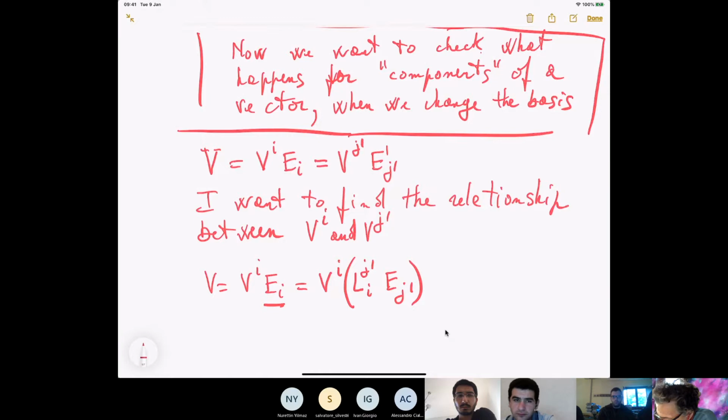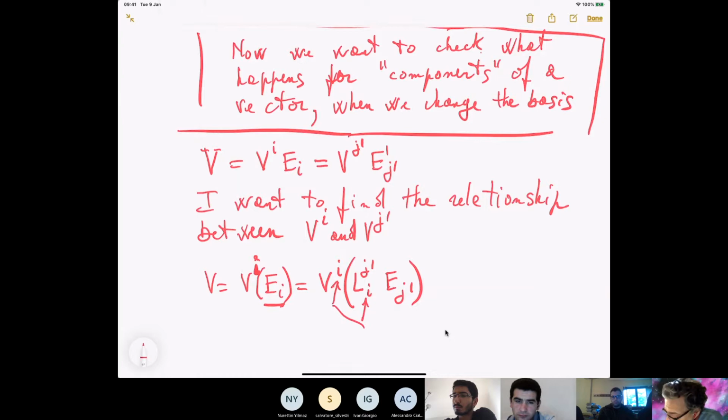So I have represented E_i as a function of E'_{j'}. Remark how powerful is the up and down trick of notation.